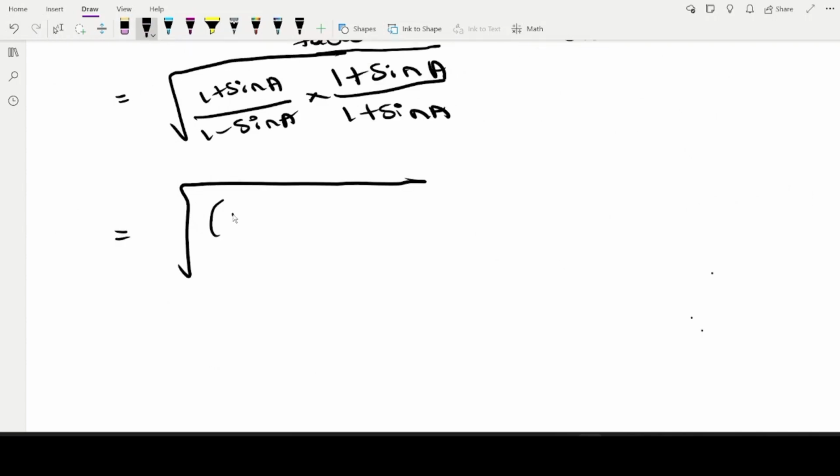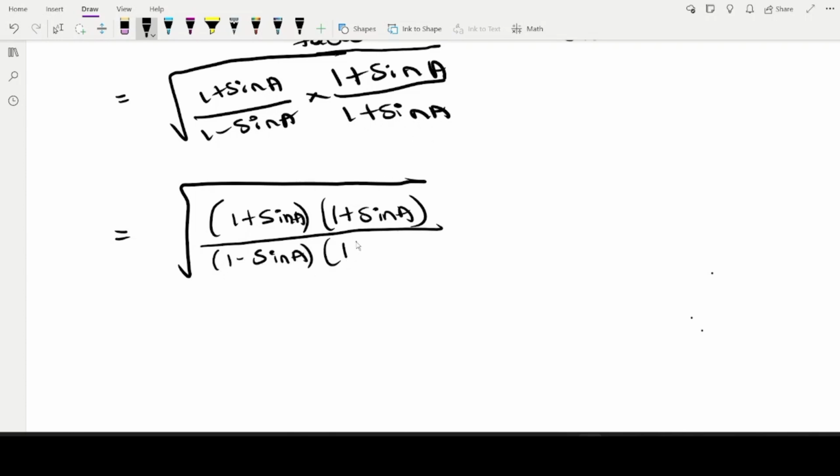Square root of (1 plus sin A) into (1 plus sin A), divided by the denominator (1 minus sin A) into (1 plus sin A).